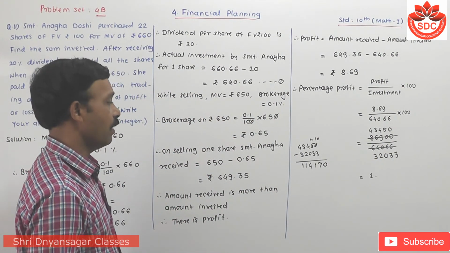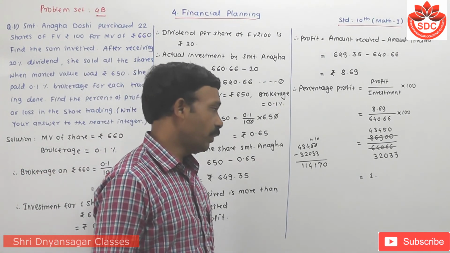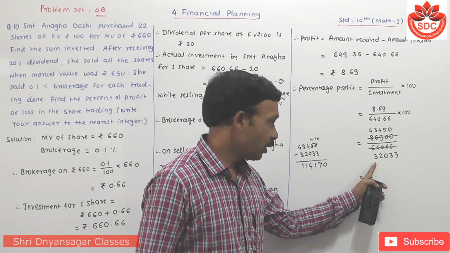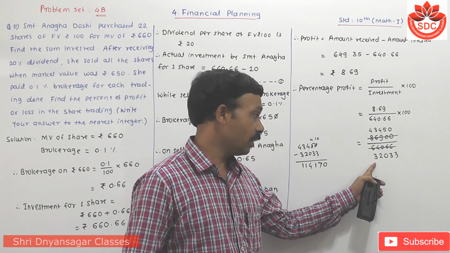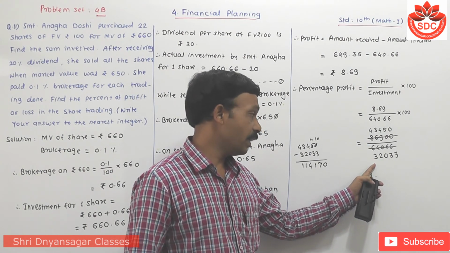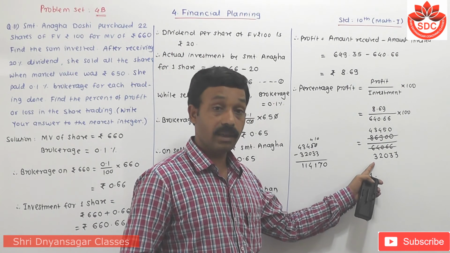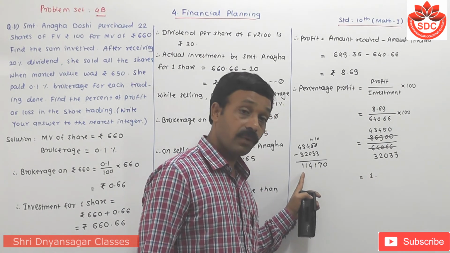Means that 1,14,170. Now student, when we multiply this 32,000 by 3, then it becomes nearly equal to 1 lakh. And if you multiply it by 4, then it becomes nearly equal to or more than 1,20,000. But here we want 1,14,000.